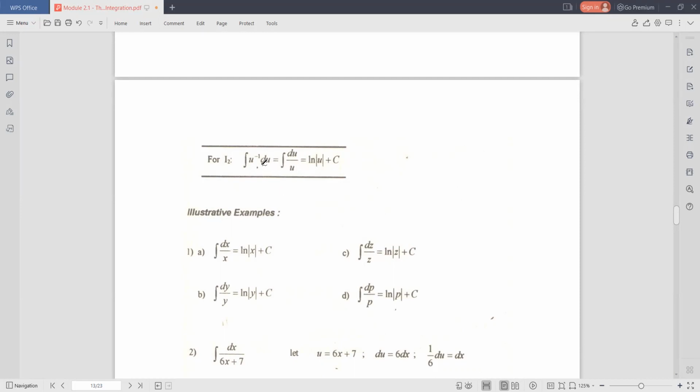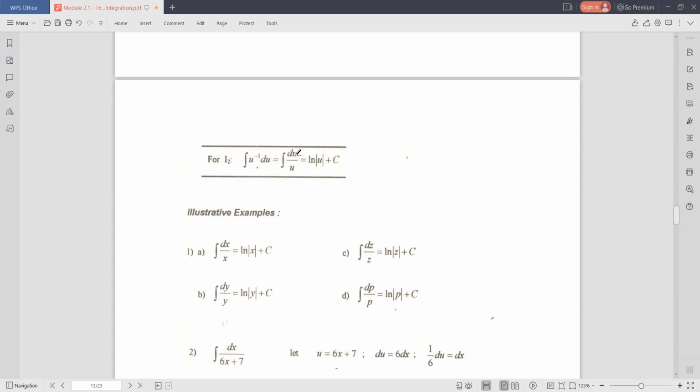So your du is the same, and your u is down here. It is the same, because if you raise it, the result would be the reciprocal, that is u raised to -1 du.